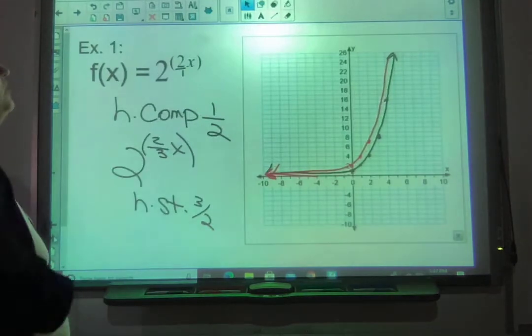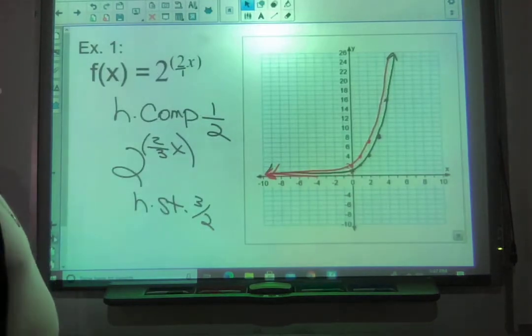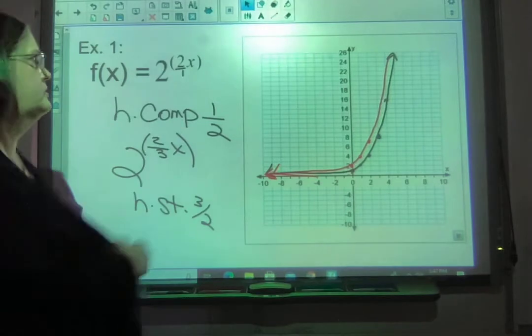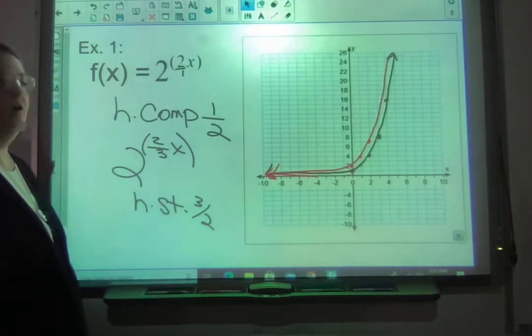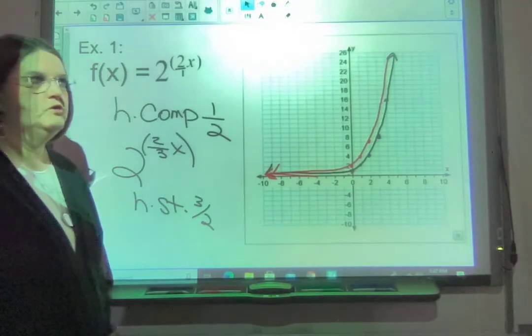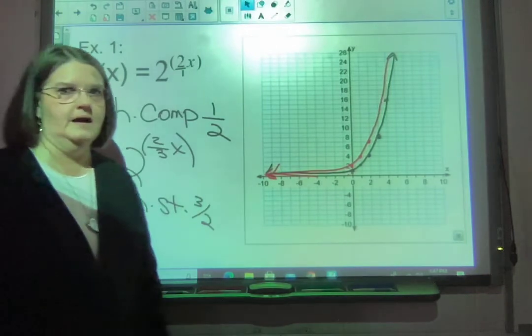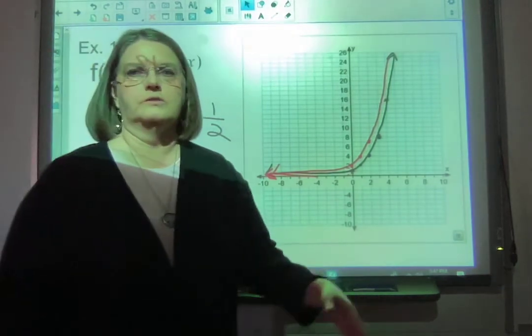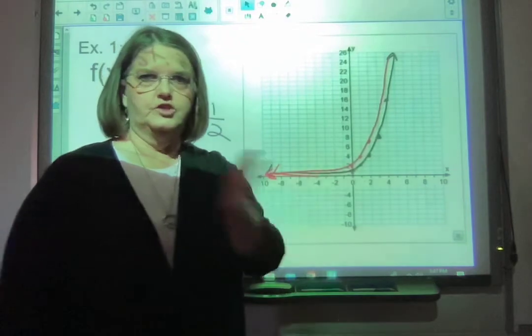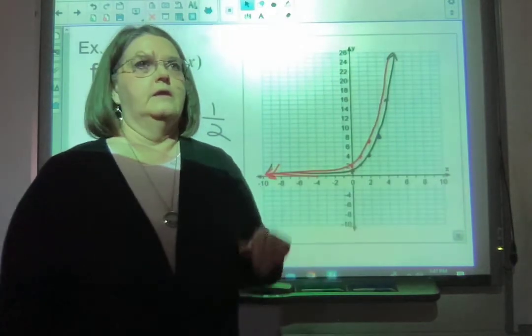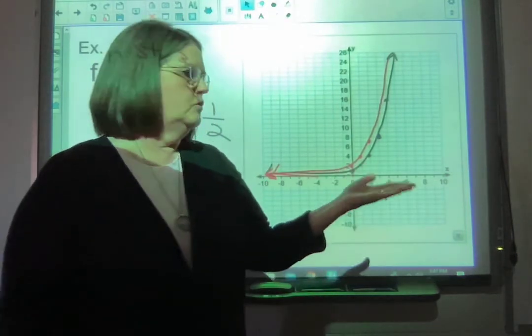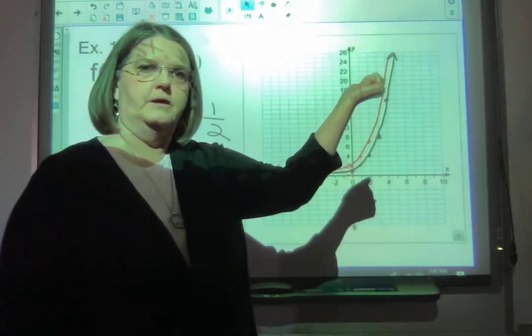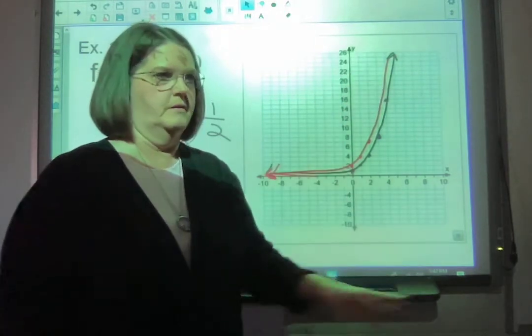This slide here is an exponential graph, but it shows a horizontal compression. Now, horizontal movement just blows our mind. The other day I did a video on horizontal left and right, how it shifts left and right. And we were fine with vertical. Vertical, a plus sign meant the graph went up. A minus sign meant that the graph went down.